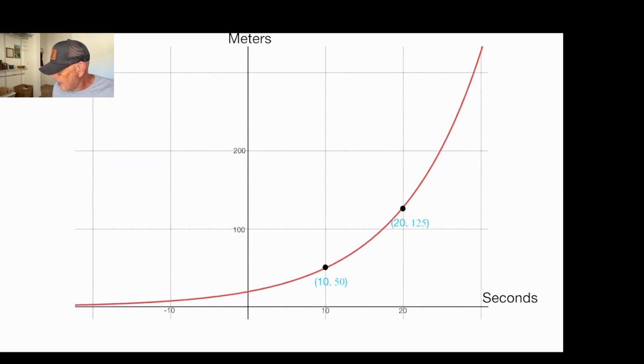Let's take a look at our next 10 seconds. Our initial position would be at 10, 50, and our final position would be at 20, 125. Again, we're going to connect these 2 points with a secant line. Now let's calculate the slope this time. Our rise would be 125 subtract 50, and over run would be 20 minus 10.